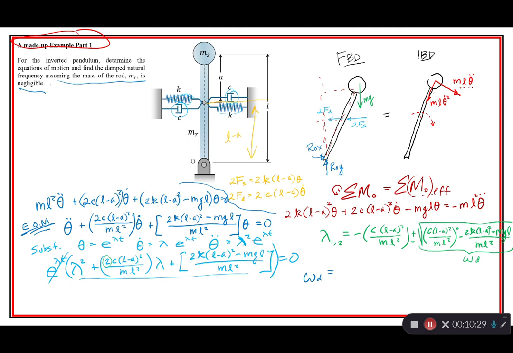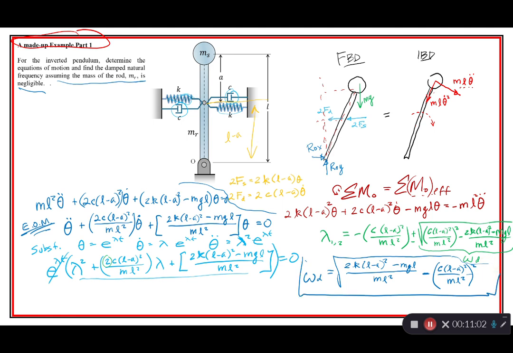So this is going to look like 2k(L minus a) squared minus mgL divided by mL squared, and then that is going to be minus c(L minus a) squared over mL squared, squared. And sorry about getting into that. But okay, so this is our answer.